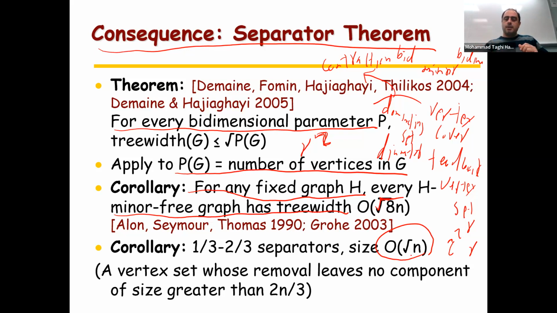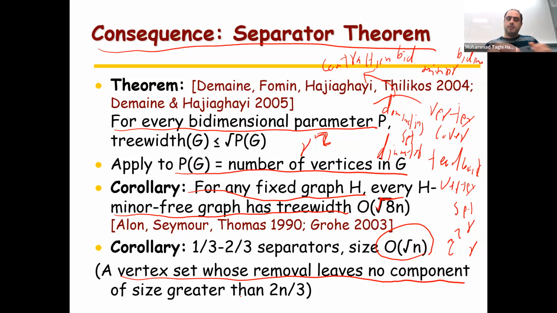One important result of this is the 1/3, 2/3 separator. What's the meaning of that? It means that for these H minor free graphs, there is a vertex set whose removal leaves no component of size larger than 2n/3.